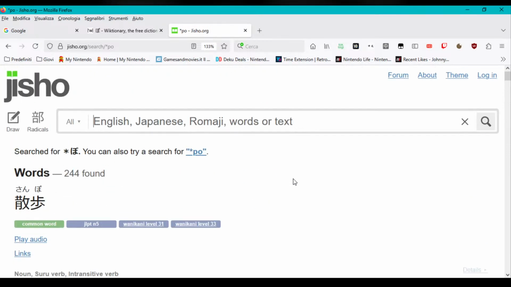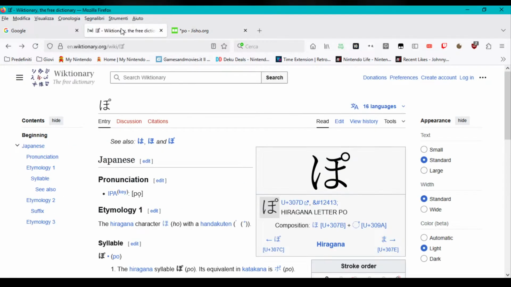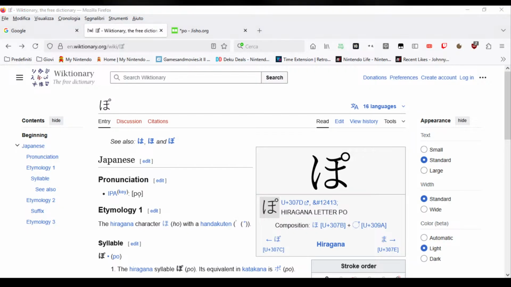And so we have seen this hiragana. Now we can take a break, again at most 5 minutes, and I'll be back. Okay. See you in 5 minutes.